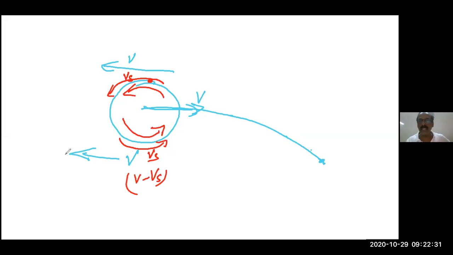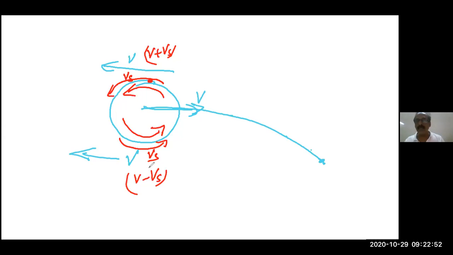See, the blue color line is this side, the red color line opposite. Here both are in the same direction, so V plus Vs. This will be added. Any doubt? So the velocity above the ball is higher than the velocity below the ball. Agreed?